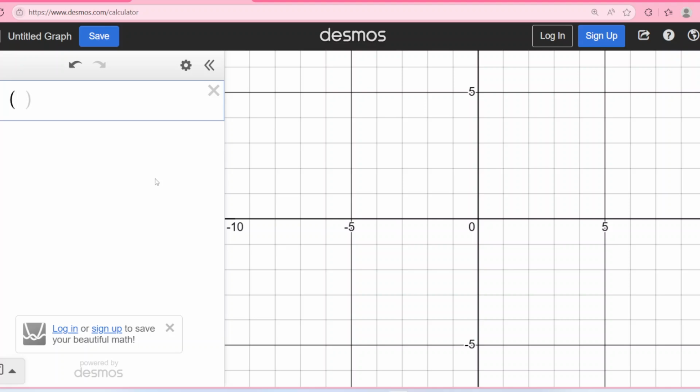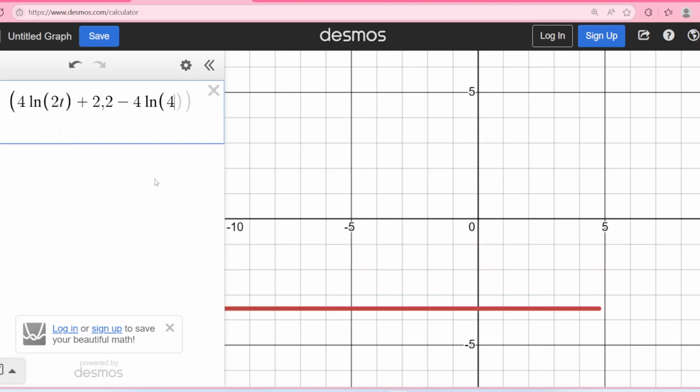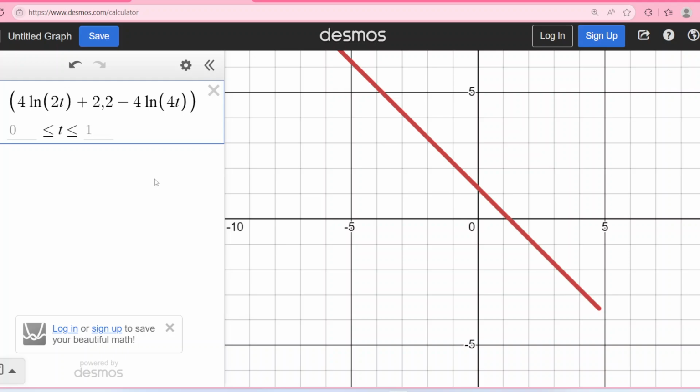So left parentheses, and then the x-coordinate in terms of t was 4 times the natural log of 2t plus 2, comma. The y-coordinate in terms of t was 2 minus 4 times the natural log of 4t. And once you do this, it automatically has the range of t be from 0 to 1.